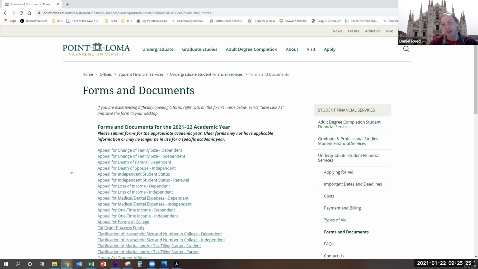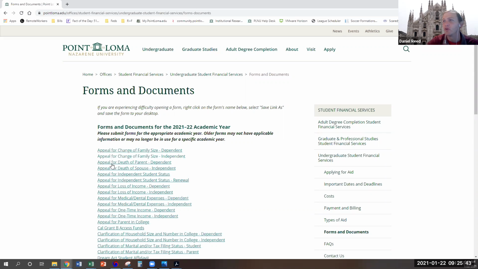And then there's lots of back and forth of what information was needed. So the idea of this is to have more of the upfront conversation with the family of what is your circumstance that you're going through. And based on that circumstance, we can guide you to the correct form.